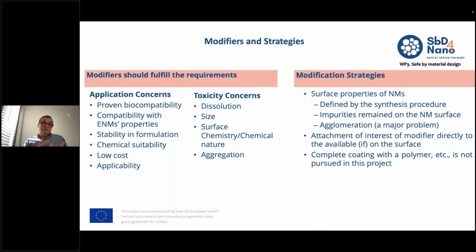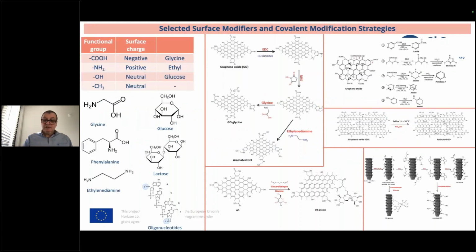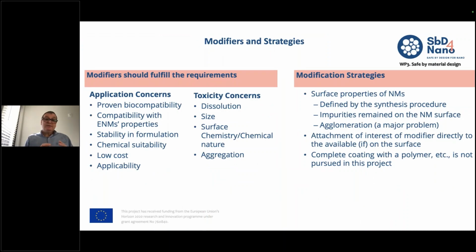After taking care of all these concerns, now you need to consider the surface modification. Surface modification is another issue, because you are going to again use chemicals, right? So you need to pick the best strategy to not contaminate your nanomaterials, because all chemicals used in this modification strategy can affect the toxicity.